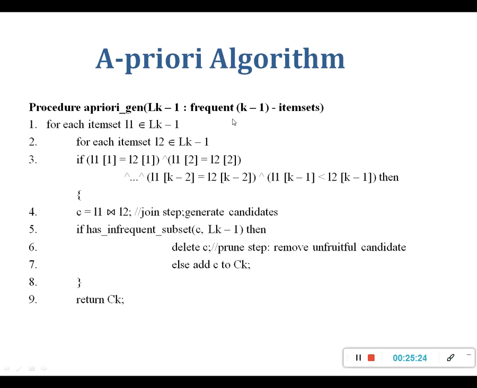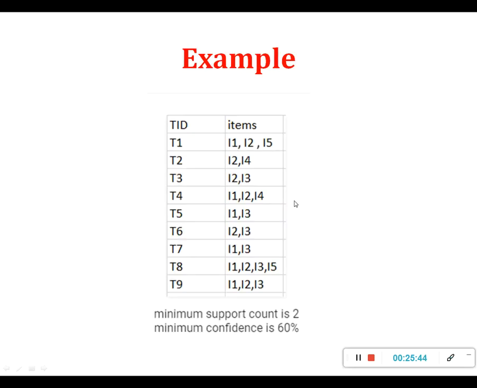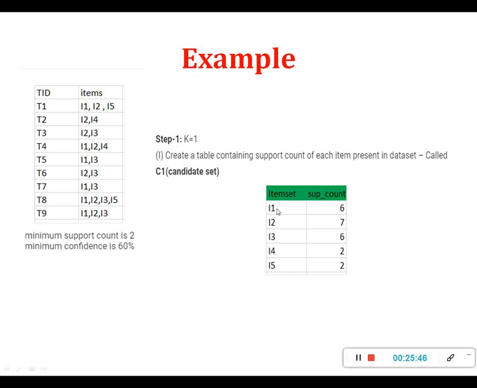Here we are giving a parameter as the k-frequent list. We check whether a particular list belongs to our k-frequent list, and if it does, we check whether the elements match in both lists.